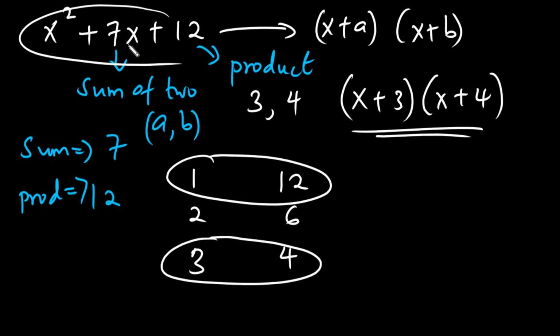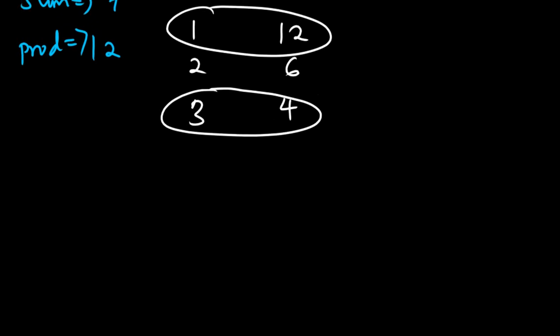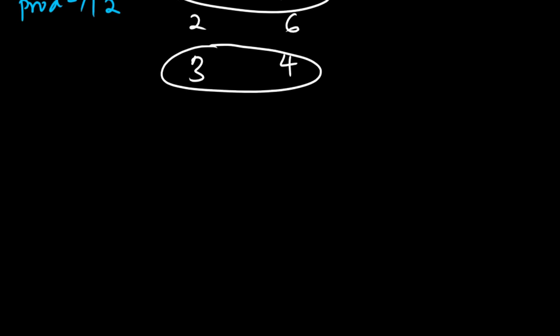So let's look at one maybe final example. I want us to use negative signs. It's not difficult. It applies the same knowledge. Okay, so let's have x squared minus 2x minus 15.